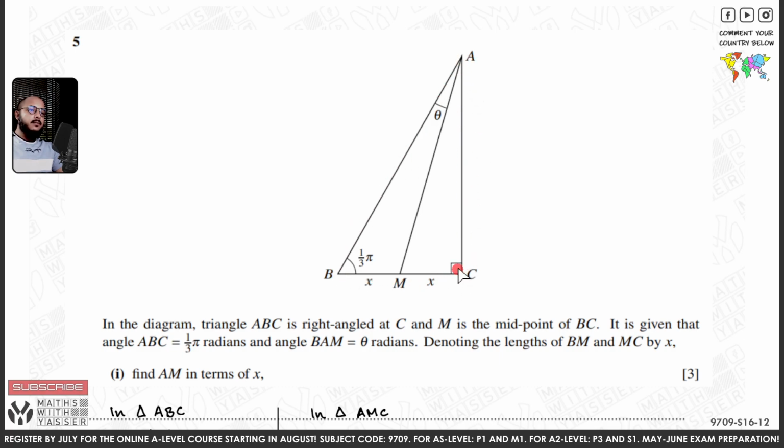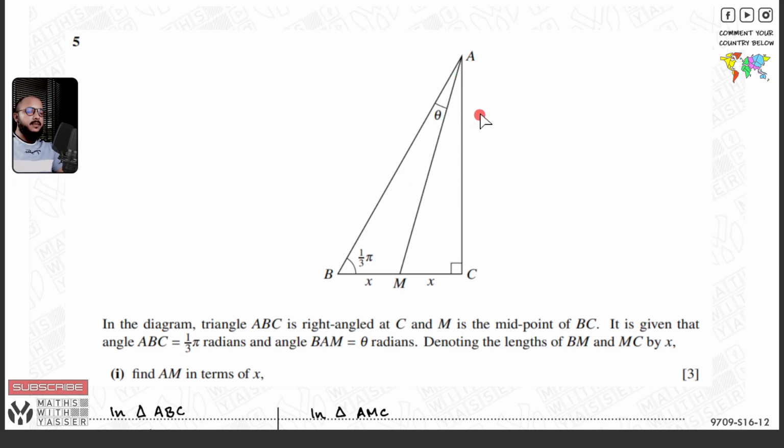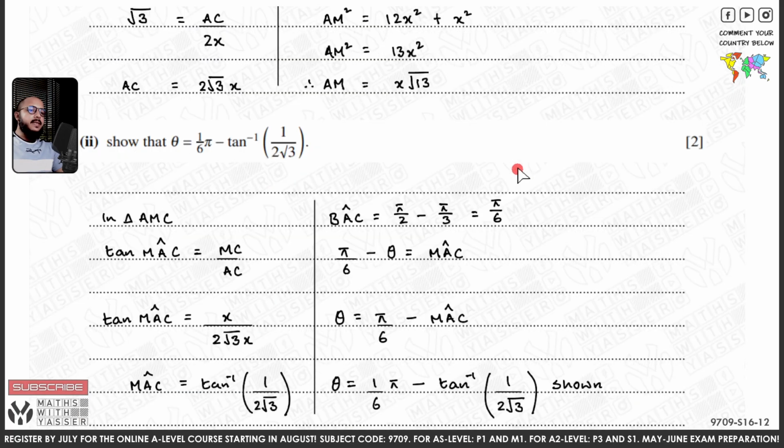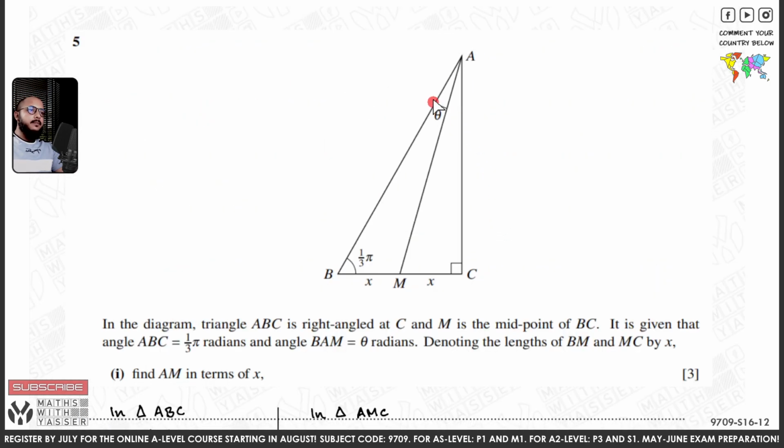If this is 90, that means the angle ABC and angle BAC must add up to 90 so that the whole triangle becomes 180. So this angle must be 90 minus this angle, because together they sum up to 90. So therefore pi by 2 minus pi by 3 gives us pi by 6. So pi by 6 is this whole angle.